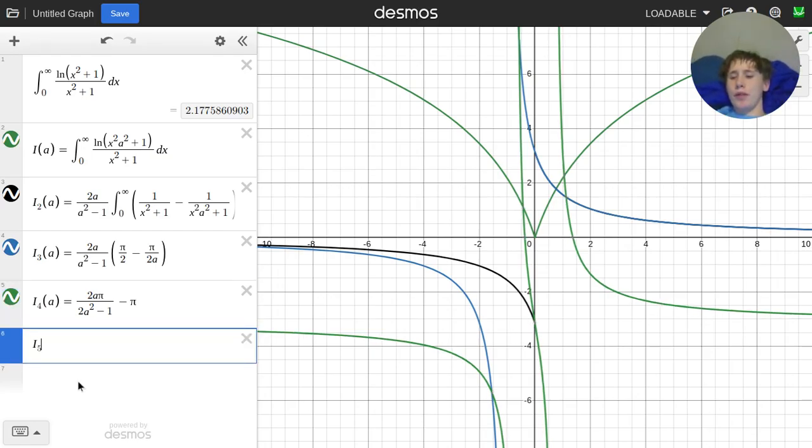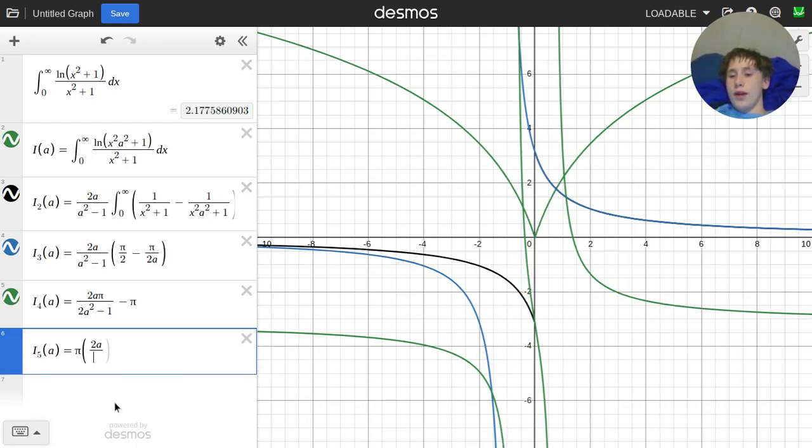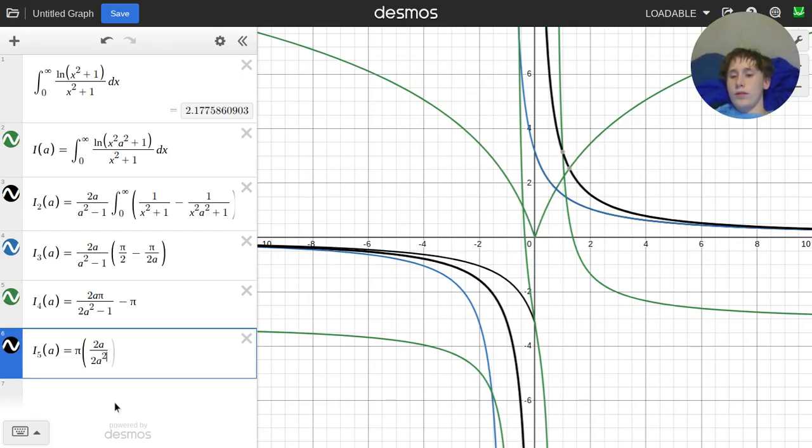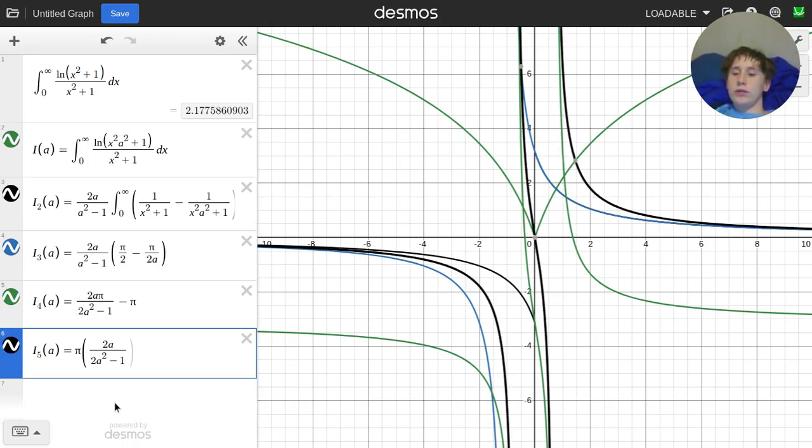I think I know where to go with this. Pi, 2a over 2a squared, minus... would still work the same, wouldn't it?